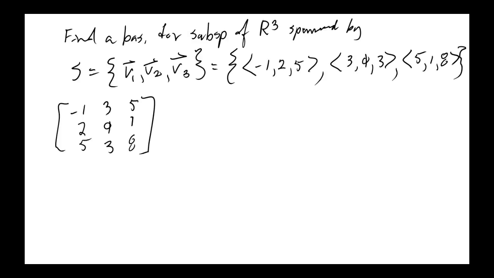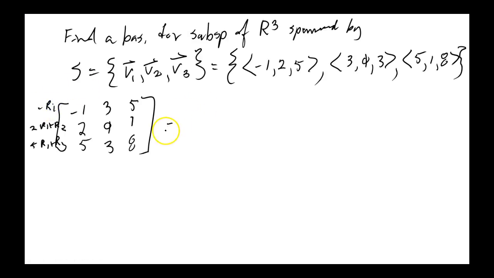We're going to do 2R1 plus R2, then 5R1 plus R3. 2R1 plus R2 goes here, and 5R1 plus R3 goes here, and then you're going to negate R1.